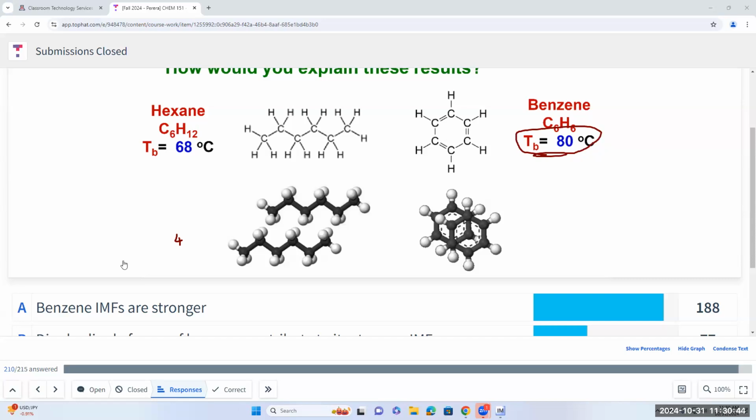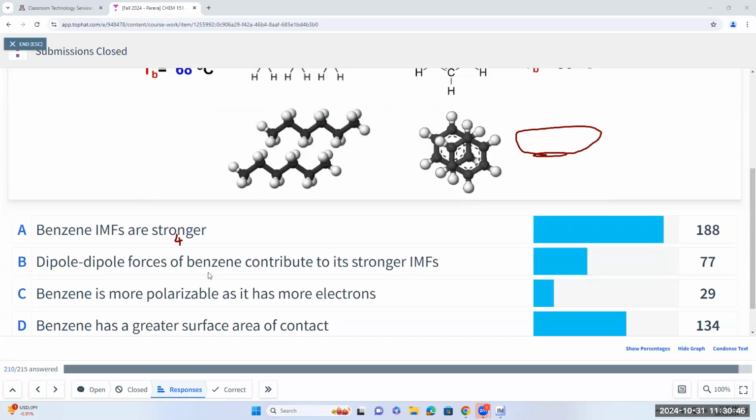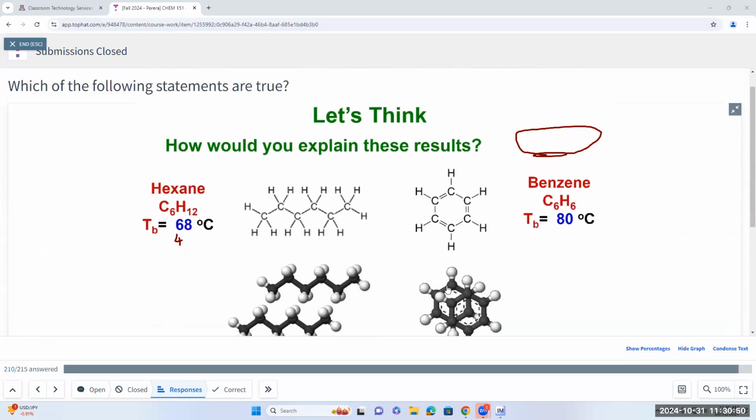Okay, let's go to the second one. Dipole-dipole forces of benzene contribute to strong intermolecular forces. What do you guys think about that? Yeah, William? Thank you. None of these molecules has dipole-dipole forces. Why? These are not polar molecules.